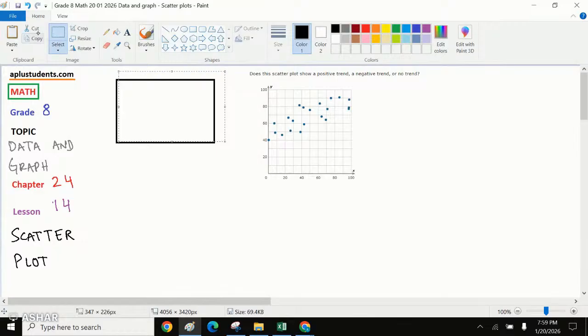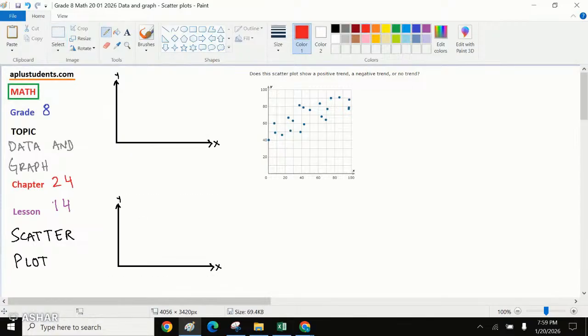If this is the axis we have, this is always the y-axis, this is the x-axis. So we need to see if it's a positive trend or a negative trend. Whenever the line is increasing towards the y, this would always be a positive trend.